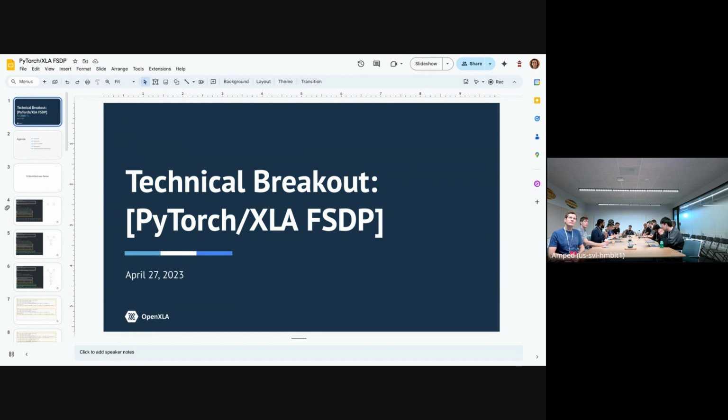And then in yesterday's talk, we had a talk on SPMD, and there was a breakout session afterwards. And there were some interesting questions related to performance, partitioning, and so on and so forth.